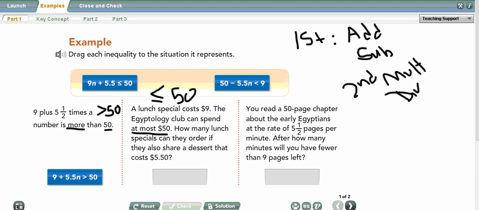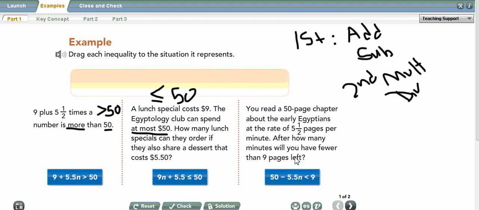So we want to see what we can find. So we see that $9 per lunch plus $5.50 for the dessert is less than or equal to 50. That totally fits. Now if we read 50 pages in a chapter about early Egyptians at the rate of 5.5 pages per minute, after how many minutes will you have fewer than 9 pages left?